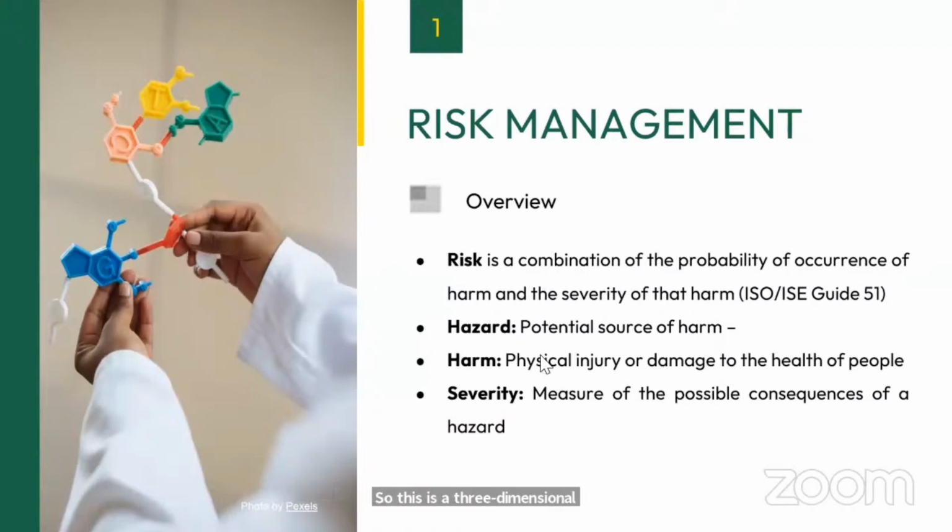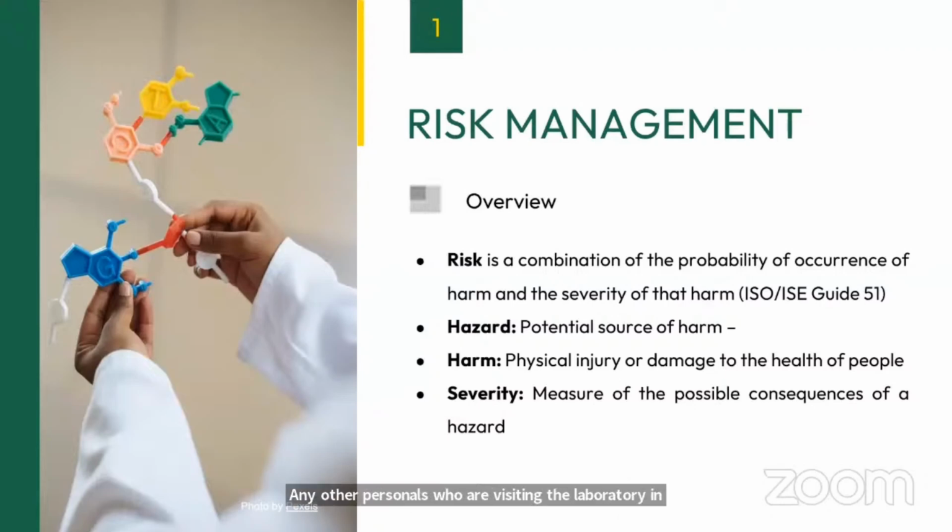Hazards are the potential sources of harm. What is harm? Harm is any physical injury or damage to the health of people. We are talking about the health of the people, who are basically your patients. It can be your staff working in the laboratories, or any other personnel visiting your laboratory for any other purpose.